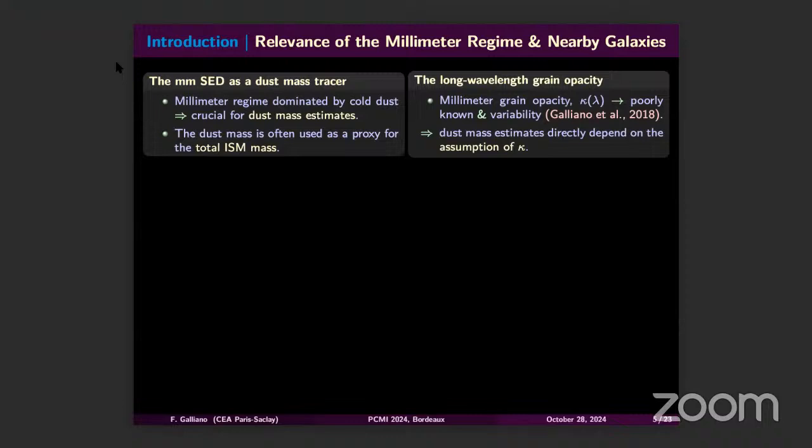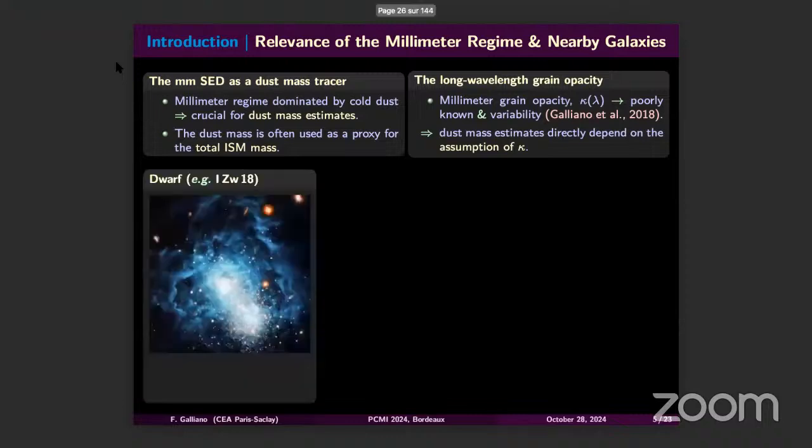And talking about environment, we are focusing on nearby galaxies because they give us a wide diversity of physical conditions that we can probe. So you have dwarf galaxies, like this example here, that are small but cute, that have relatively low metallicity, so a low abundance of heavy elements, but a high gas fraction and a specific star formation rate that is often relatively high too.